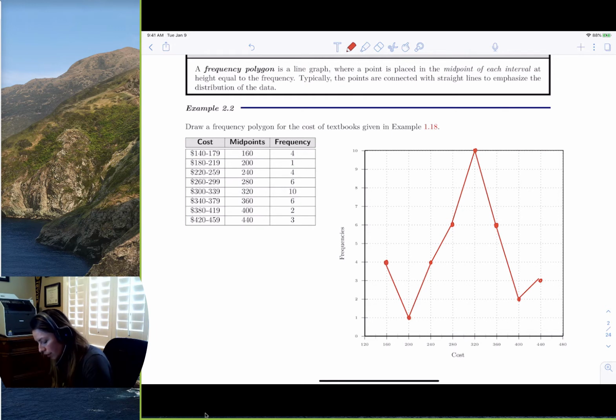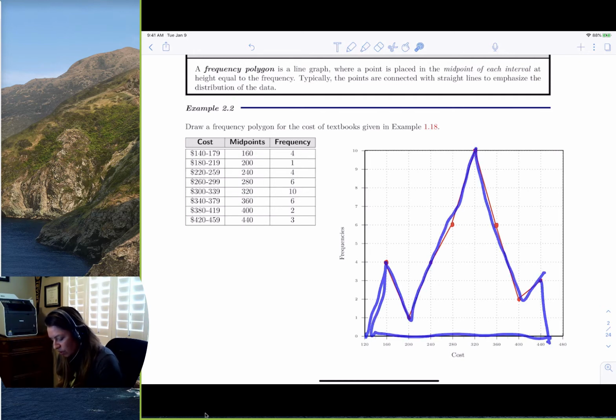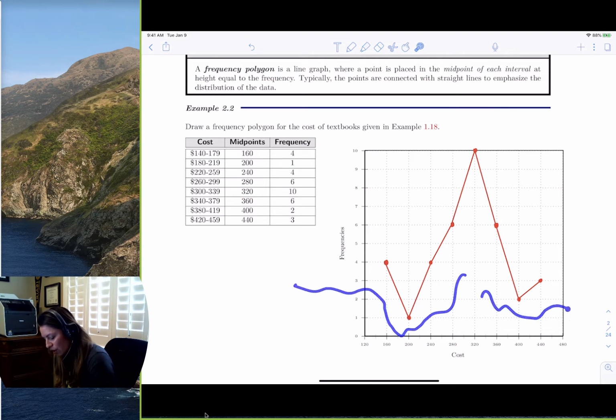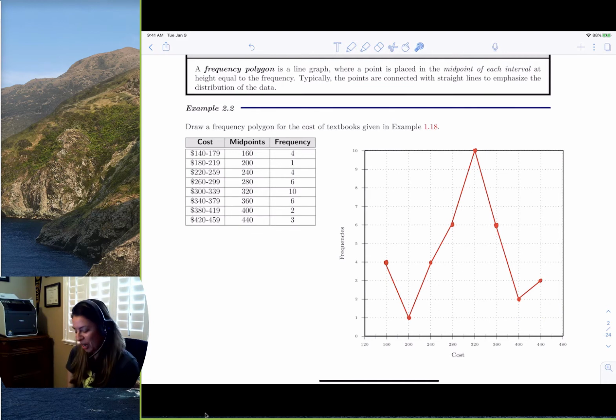So notice here that this is a line graph, but it's not a polygon because it should be closed, right? It looks like it's enclosed, but it's not. It's very open. If I had bugs in here, bugs could easily crawl out. What we want is to enclose it so bugs don't go in or get out, right?